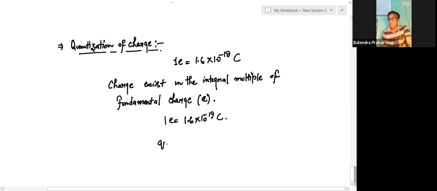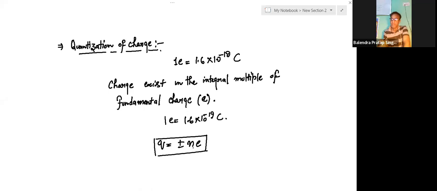We define the formula Q = ±ne. Plus or minus ne means it may be 1e, 2e, ±3e, ±4e, but always an integral multiple of e.